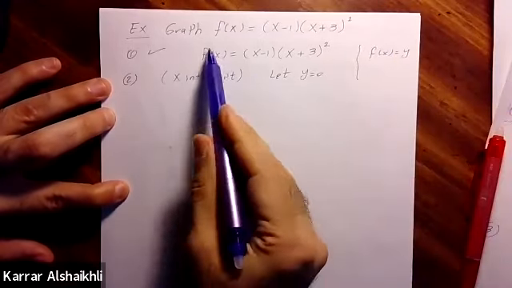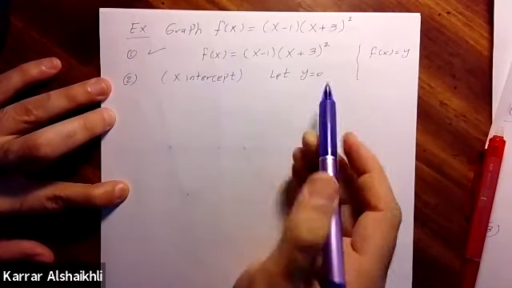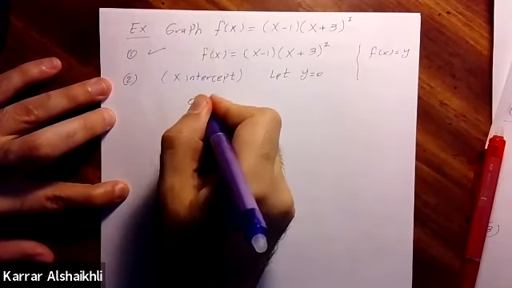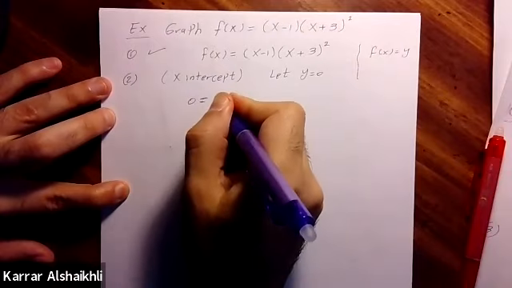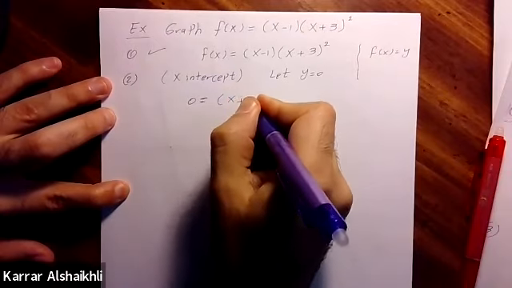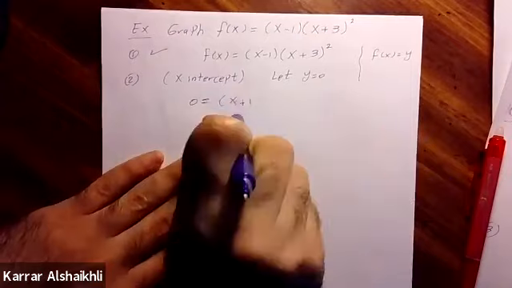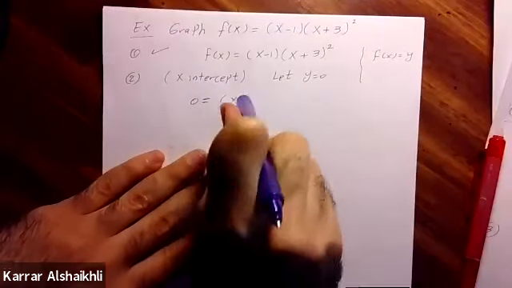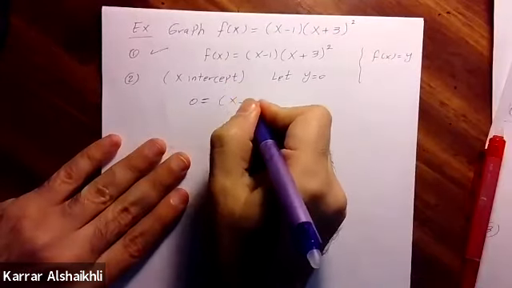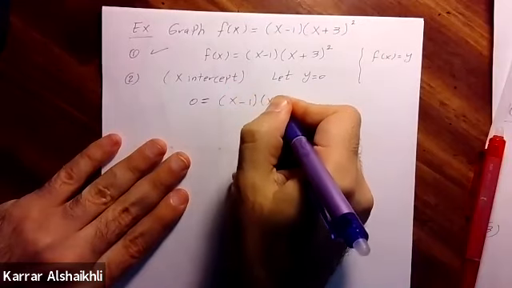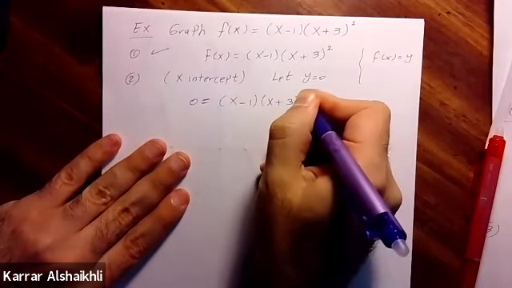So we're going to plug in y equals 0. That means 0 is going to be equal to x minus 1 and x plus 3 squared.